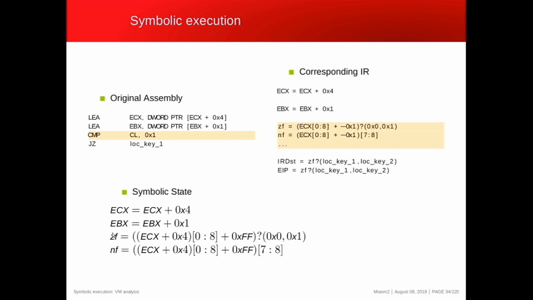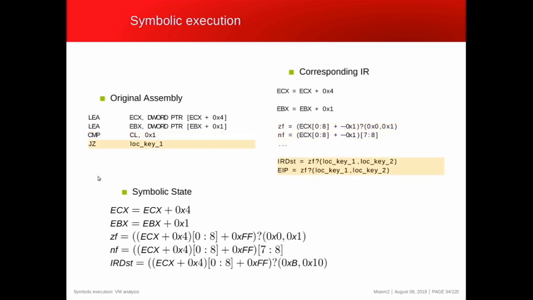You can see here that the zero flag depends only on the ECX value and a complicated equation. Now we have a jump if zero, and here we have the special register IRDST, and its value is a new expression which depends only on ECX and some integers.